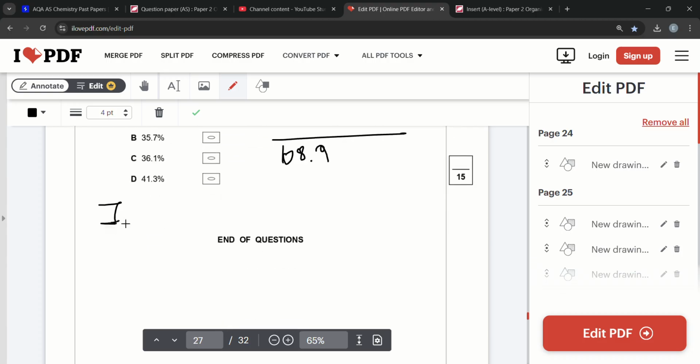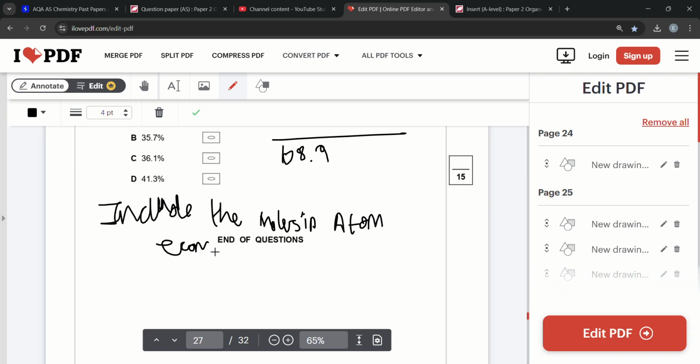And remember, with atom economy, we include the moles. We times the Mr by the moles. That's what we're doing.